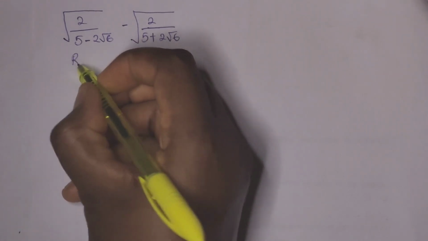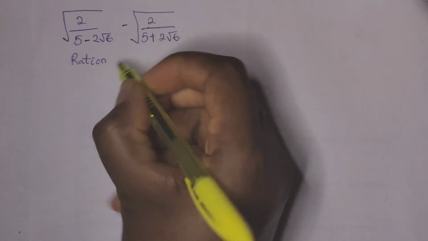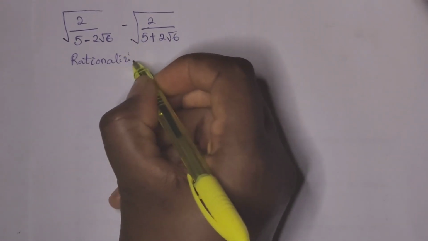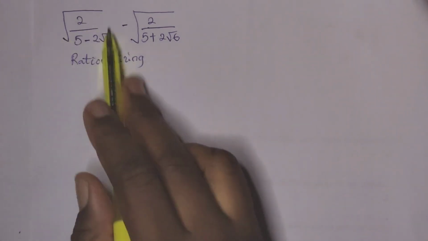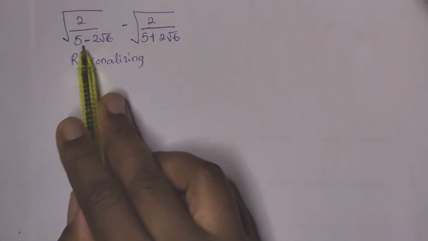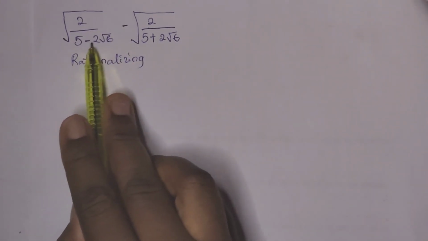So rationalizing, we rationalize by multiplying by the conjugate of the denominator.